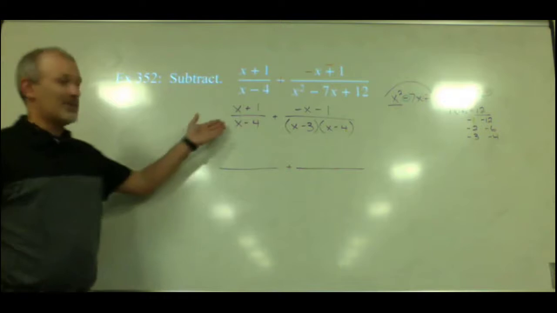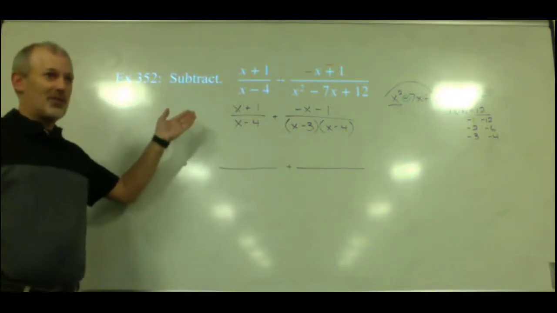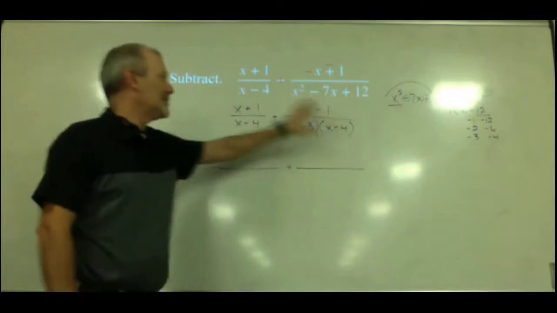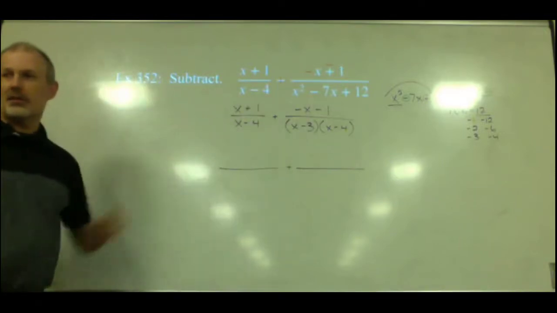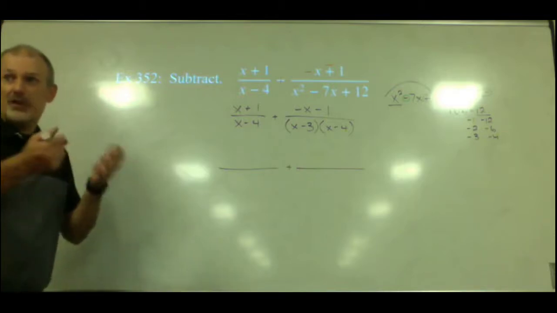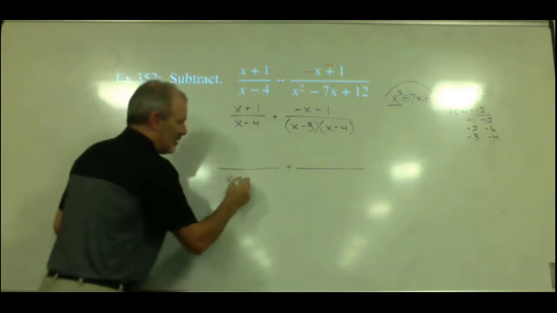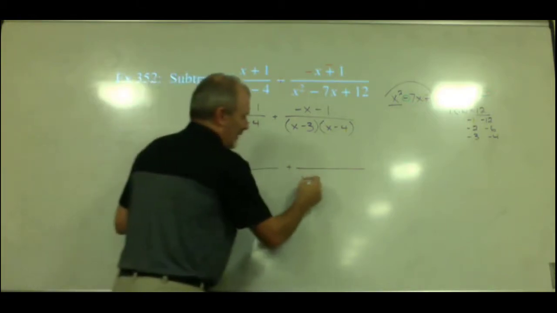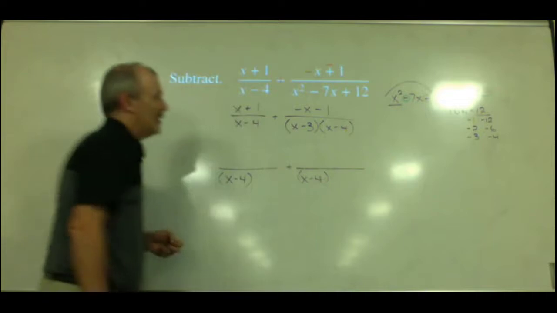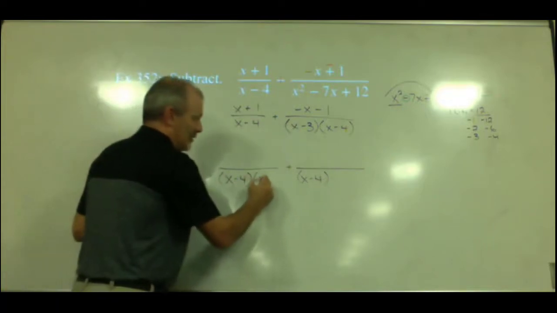And we see that there's an x minus 4. What is the largest number of x minus 4s that we see in either of these two denominators? Just one, right? There is one in each, but the biggest number is just one. So we need an x minus 4. And then we have an x minus 3, and we're going to need that as well.